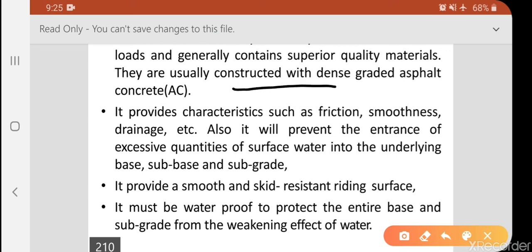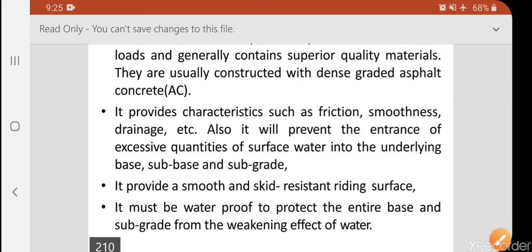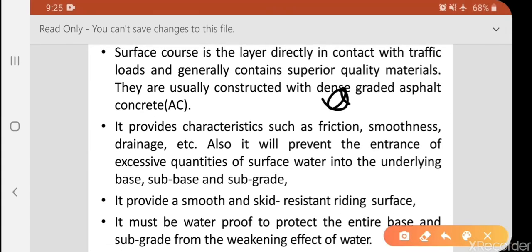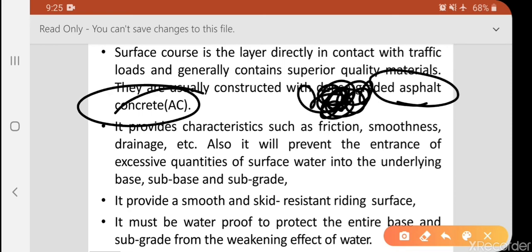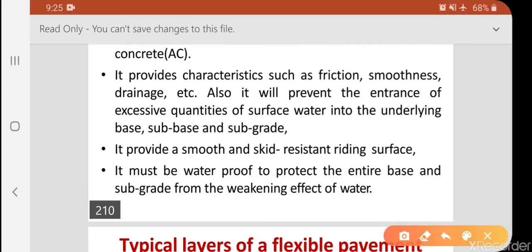They are usually constructed with dense graded asphalt concrete, that is, densely graded asphalt mix, known as asphalt concrete. It provides characteristics such as friction, smoothness and drainage.